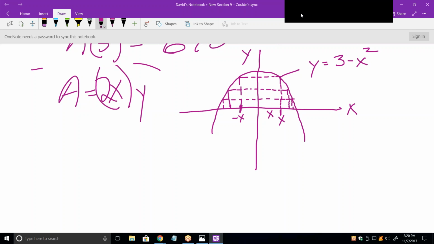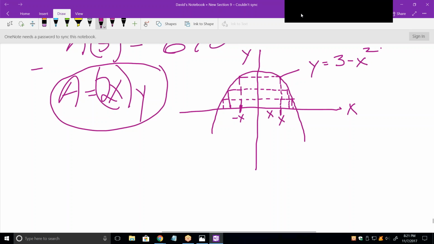Here's what I want to optimize. I want to maximize that area. The way I'm going to do it is to take the derivative and set it equal to 0. And that's going to tell me the exact dimension of x that gives me the biggest box inside that parabola. Now, I cannot take the derivative as long as there are two variables on the right side of that equation.